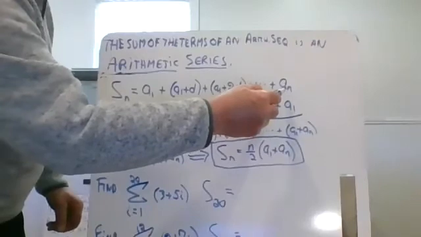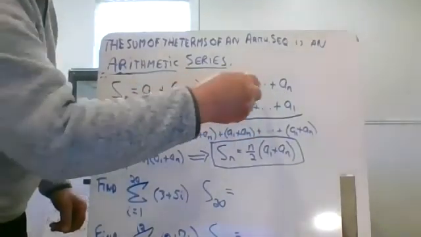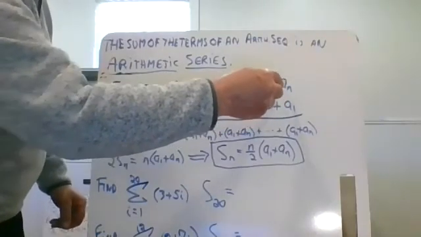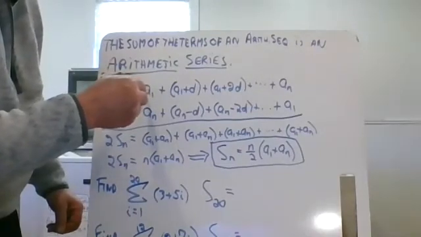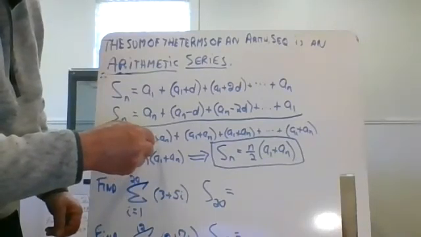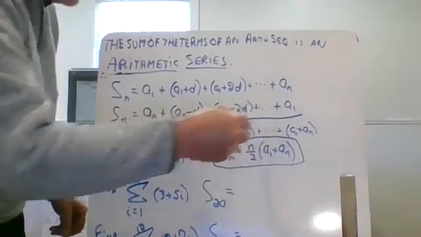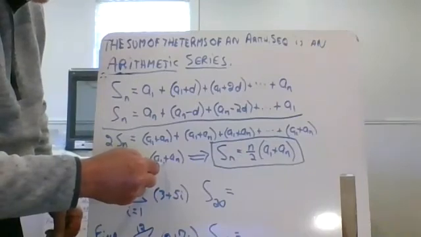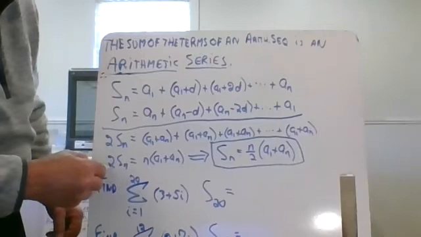N minus 1? Not n minus 1. 1 plus 2 plus 3 plus dot dot dot plus n. We have n of them. There are n of these terms, so we must have n of these A1 plus A sub n's. So when you add these up, you get n times (A1 plus A sub n), and that's what's equal to 2 S sub n.